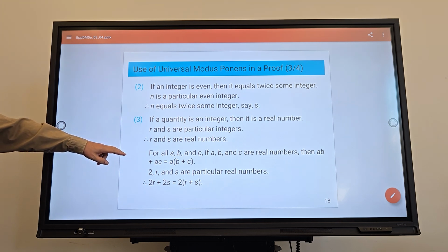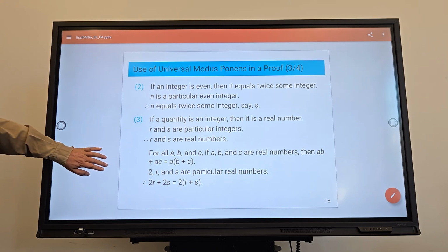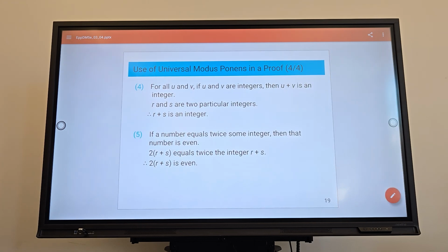Then it uses the distributive property to factor out the 2 from the 2r plus 2s. And then modus ponens again to indicate that r plus s is an integer. And then universal modus ponens again to show that 2 times the quantity r plus s is even.